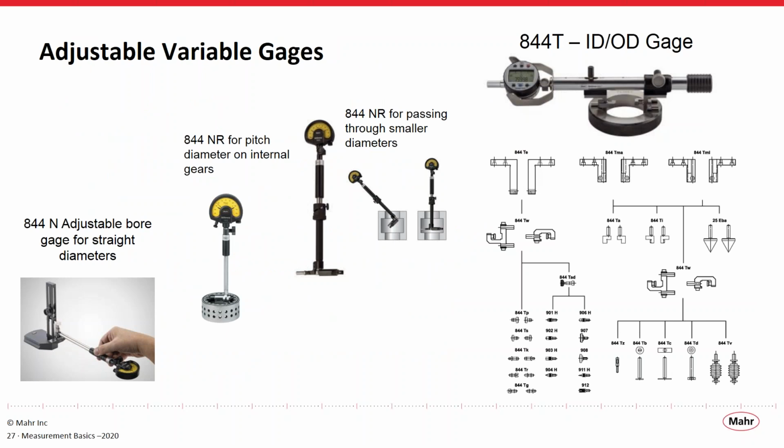Here are some adjustable variable gauge examples: adjustable bore gauges, adjustable ID/OD gauges. All these require some operator involvement, but they have a long adjustable range and a very precise measuring range.